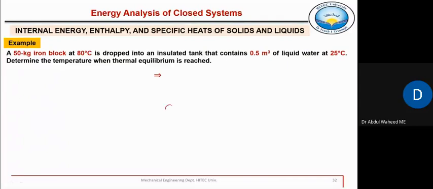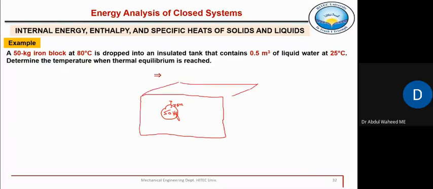So 50 kg iron block is dropped into an insulated tank. ये एक insulated tank है जिसमें इसको drop कर दिया. And this tank contains 0.5 meter cubes of water.